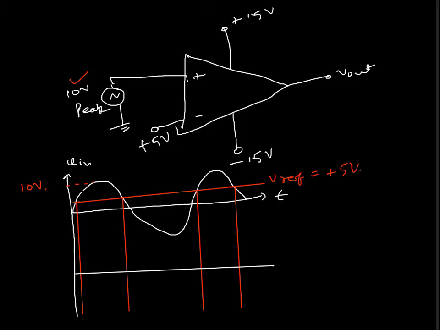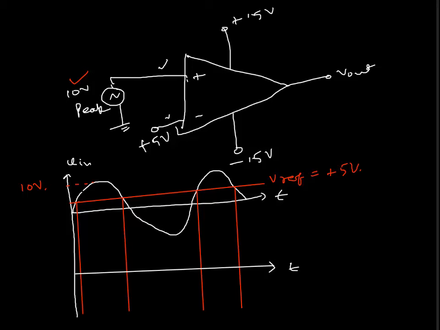Now what happens is, this is the comparator. As long as the value at this terminal is more than this, the output will be plus Vsat.